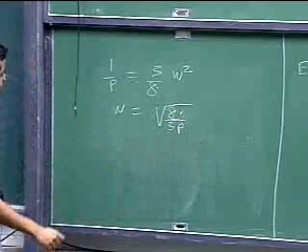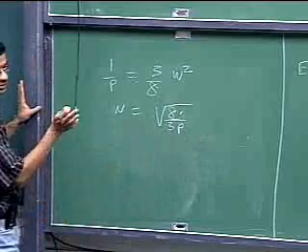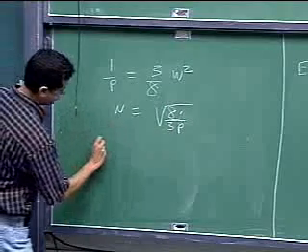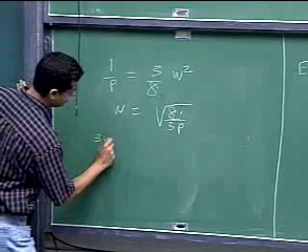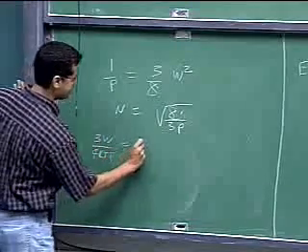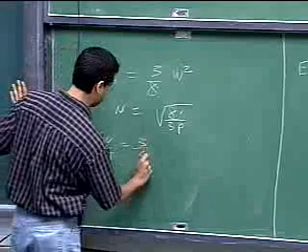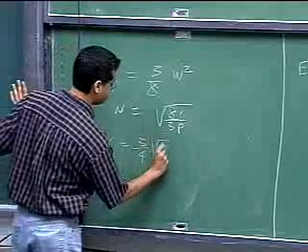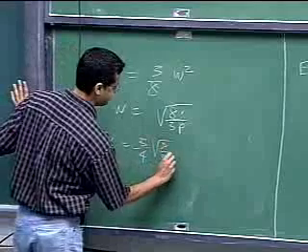Once you have that, then your throughput formula according to the book is 3W over 4 RTT, which becomes 3 over 4 square root 8 over 3.